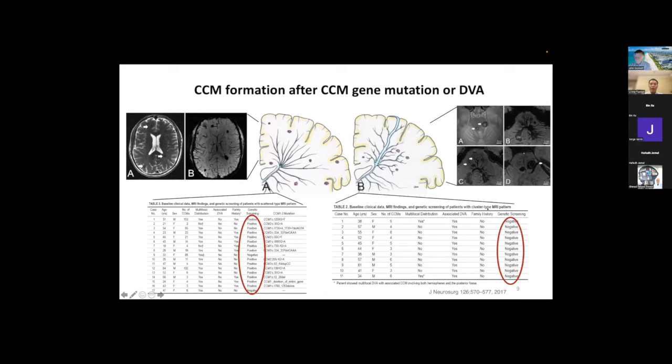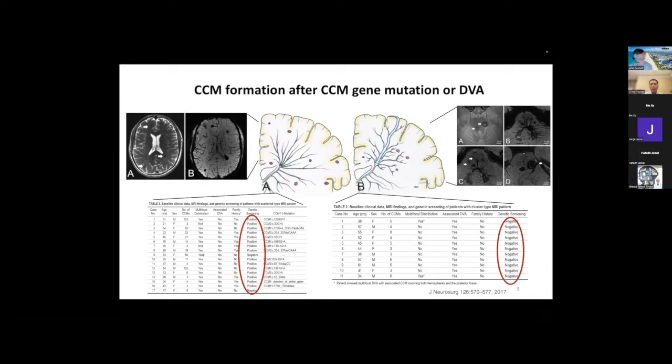They were found to be associated with venous anomaly, and the lesions are right along the venous anomaly. And for these cases, the genetic screen is always negative. So it is a very good example to show how we can correlate the genetic background of the CCM and their imaging features.